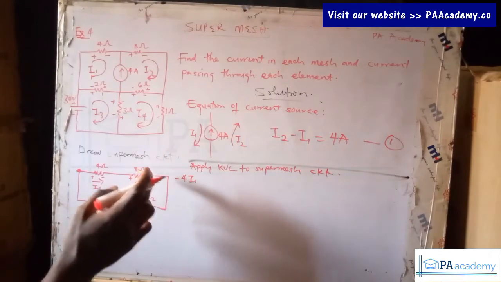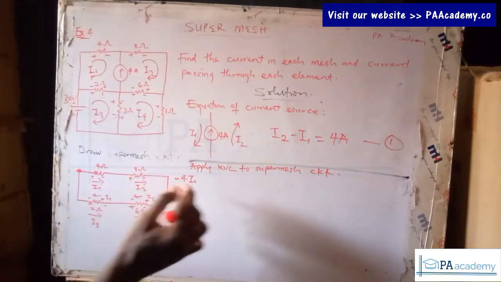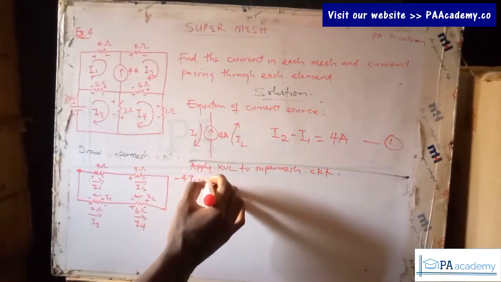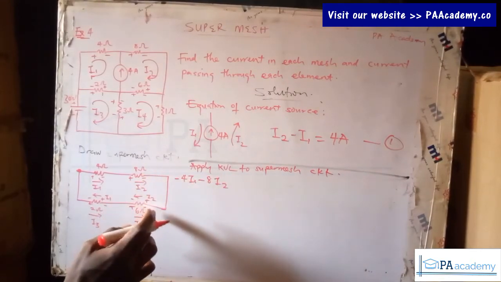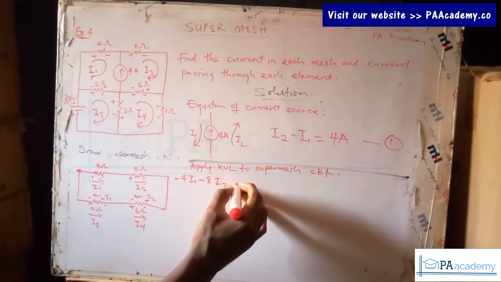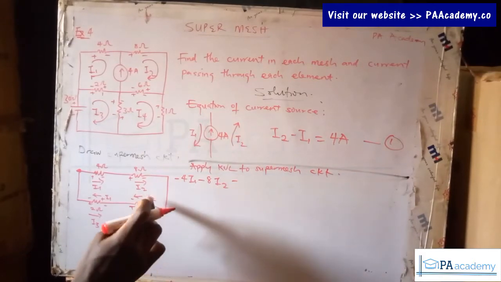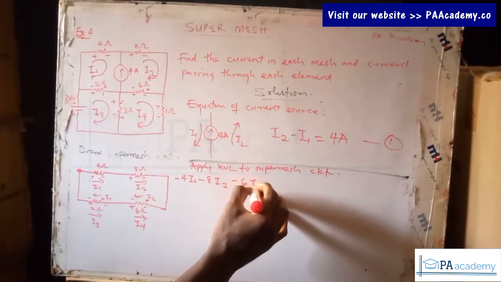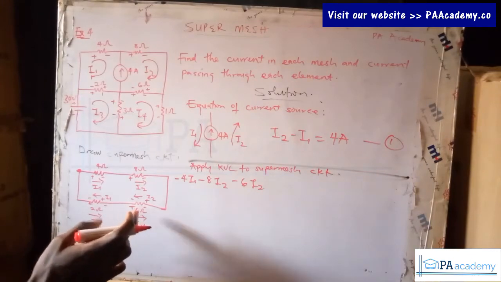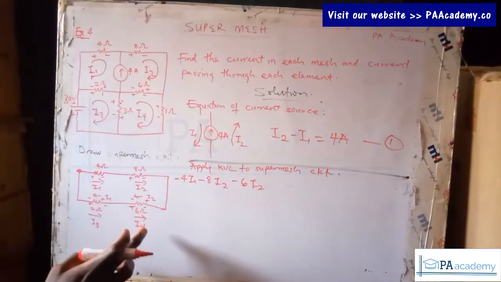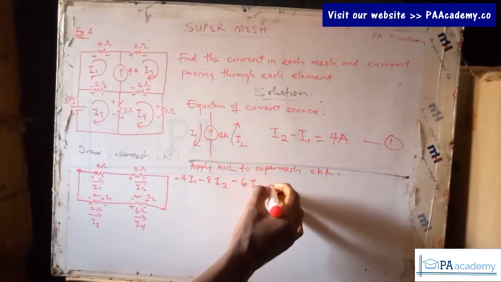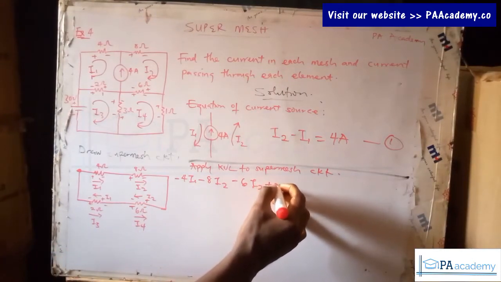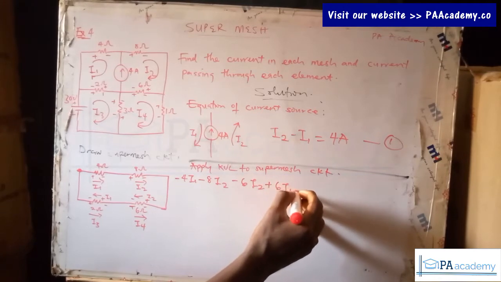So from there we go to the 8 ohm. From plus to minus, that's going to be minus 8I2. The current here is I2. Come down, we come here, and then from plus to minus, so that's going to be minus 6I2. Don't forget, I'm dealing with the 6 ohm resistor. And from minus to plus, due to current I4, so that's going to be plus 6I4.